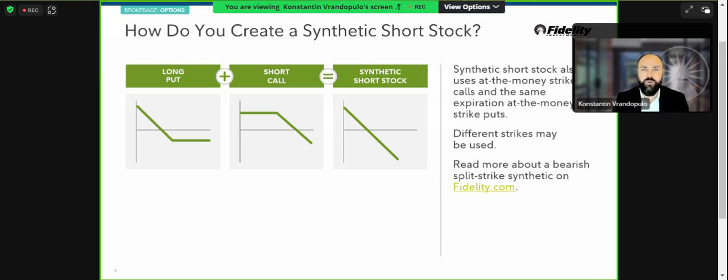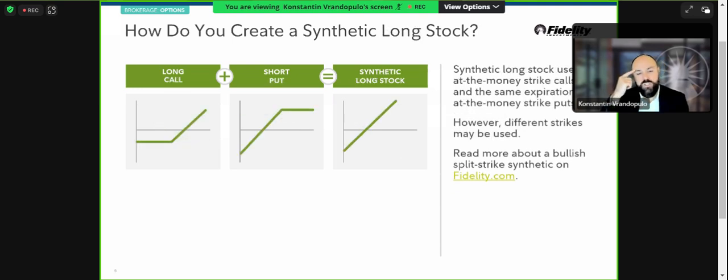But the short stock equation, which most people are not comfortable with, is the exact opposite of what we just discussed with the long stock position. Just think this through for a moment, right? If we use options for convexity, for optionality, for efficient cost of capital, we want to use as small of an amount of money as possible to gain exposure to the underlying security.